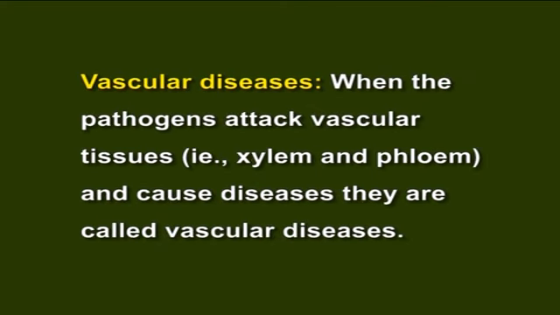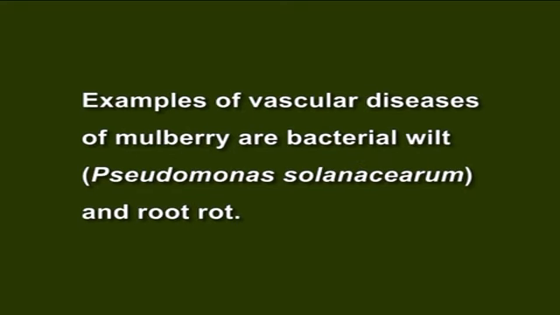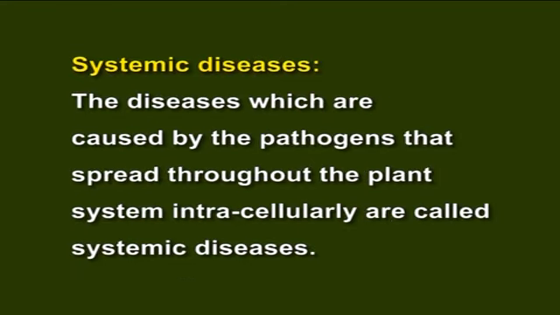Vascular diseases: when the pathogens attack vascular tissues, that is xylem and phloem, and cause diseases, they are called vascular diseases. Examples of vascular diseases of mulberry are bacterial wilt and root rot. Systemic diseases: the diseases which are caused by the pathogen that spread throughout the plant system intracellularly are called systemic diseases.